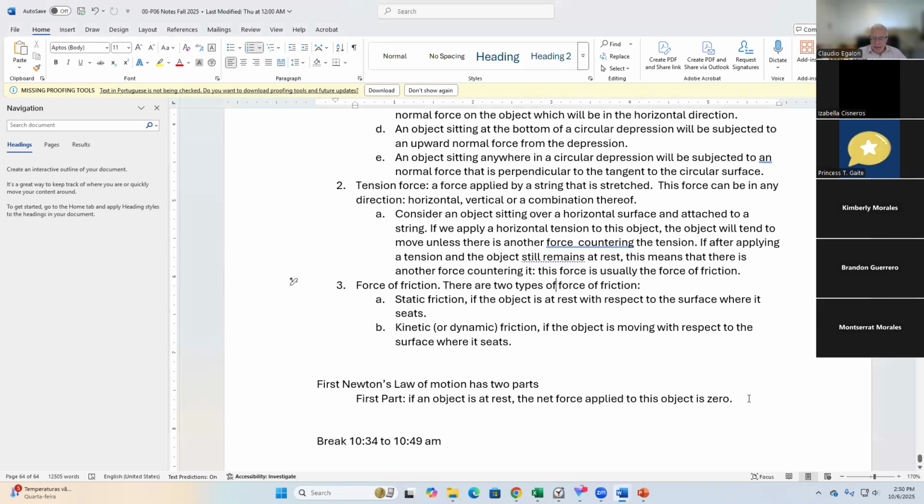Mathematically, we can express it like the following. Remember, it's the net force. It's not just a single force, but the net force.